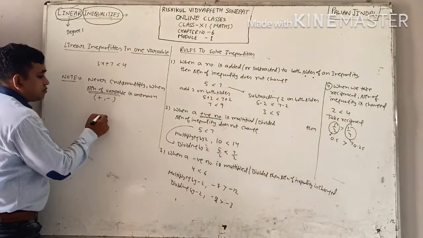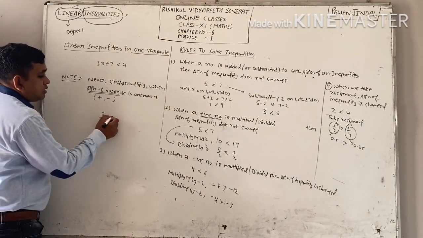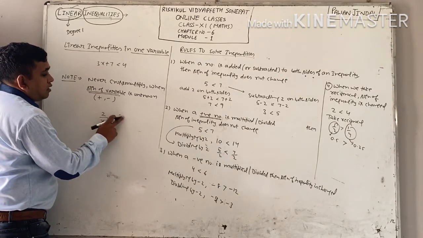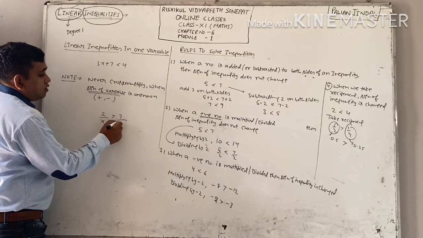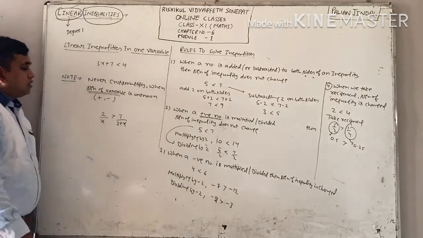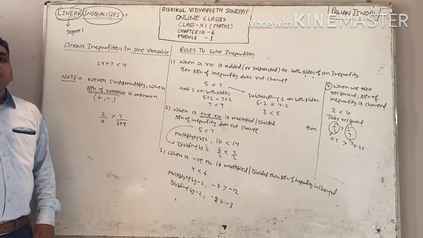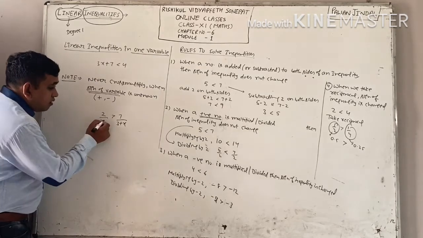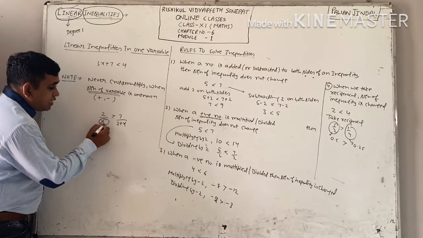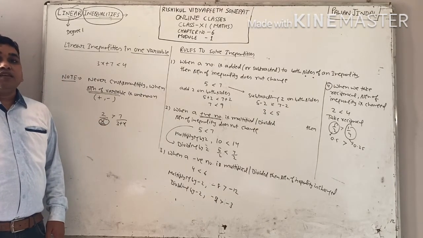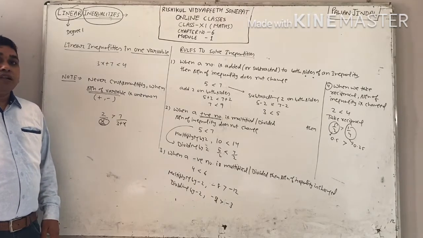Like this, 2 by x greater than 7 upon 3 plus x. In this case, you will not cross multiply, because we cannot say anything about x, what type of sign it is having. We will not cross multiply, right?